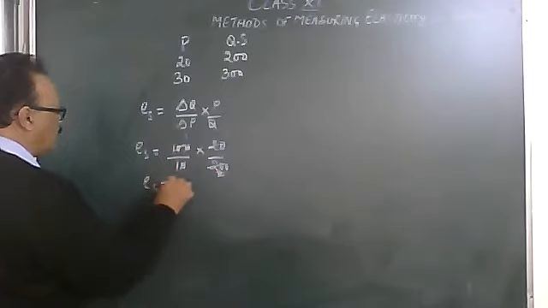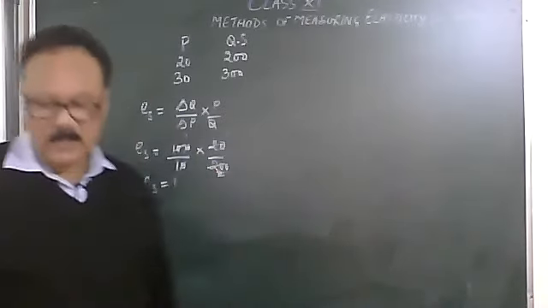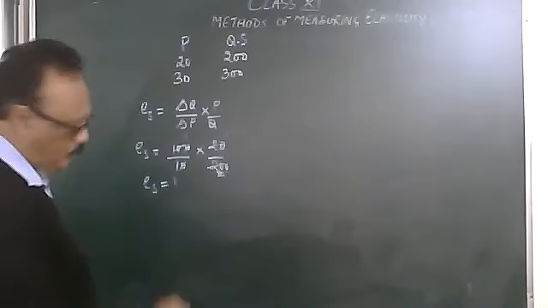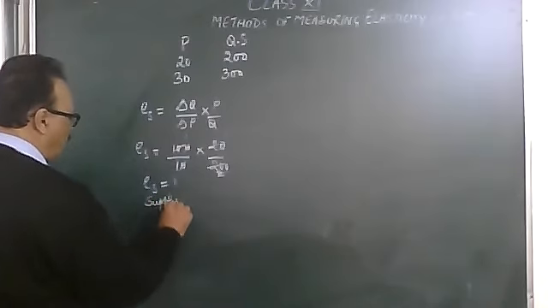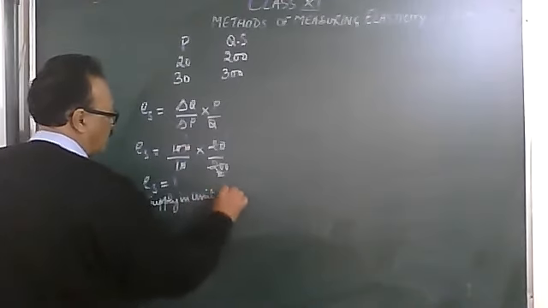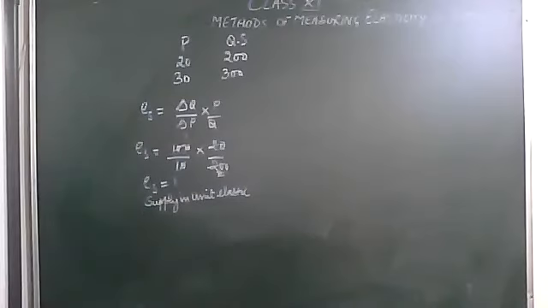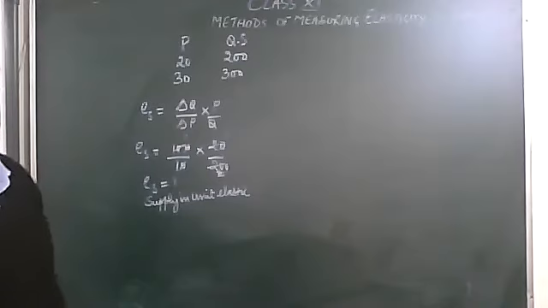ES is equal to 1. When ES is equal to 1, supply is unit elastic, because ES is equal to 1. This is the proportional method.